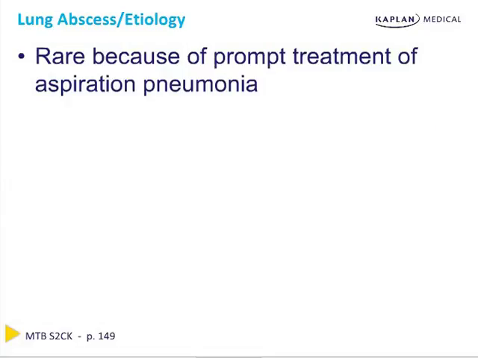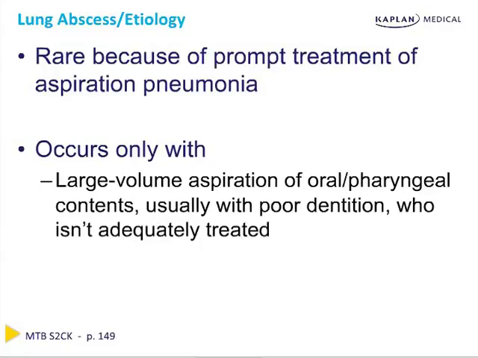Moving on to lung abscess, we must remember that lung abscesses are rare because we usually treat aspiration pneumonia successfully before an abscess has a chance to form. It only occurs with large volume aspiration of oropharyngeal contents, usually in a patient with poor dentition who does not receive adequate treatment.